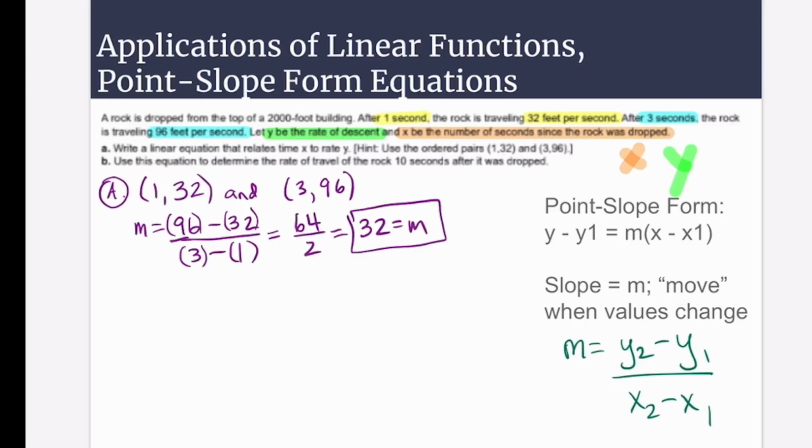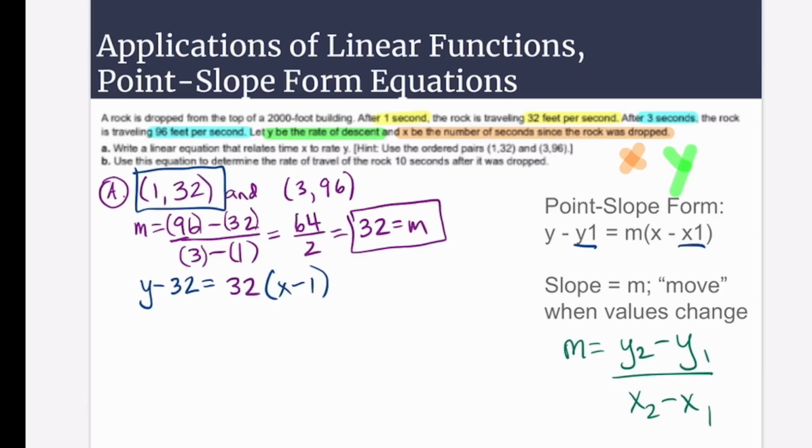So now that we have our slope, we can write our equation. So we have y minus, let's use our first point, y minus 32 equals our slope, which is 32, times x minus 1. So again, we're using this first point, x1 and y1, to plug in and find that.